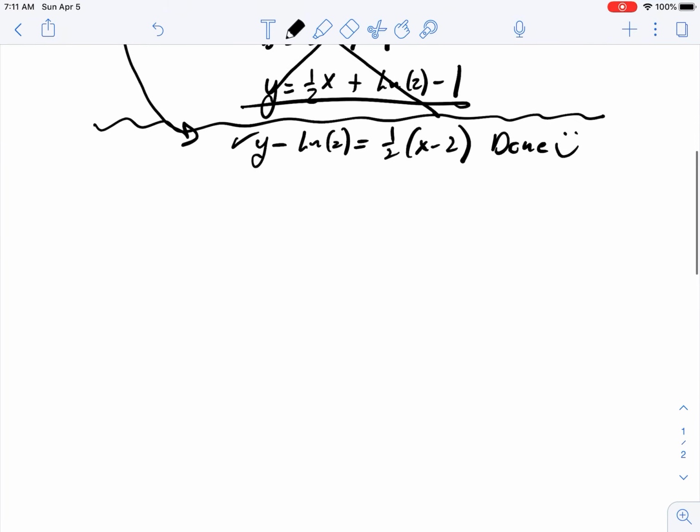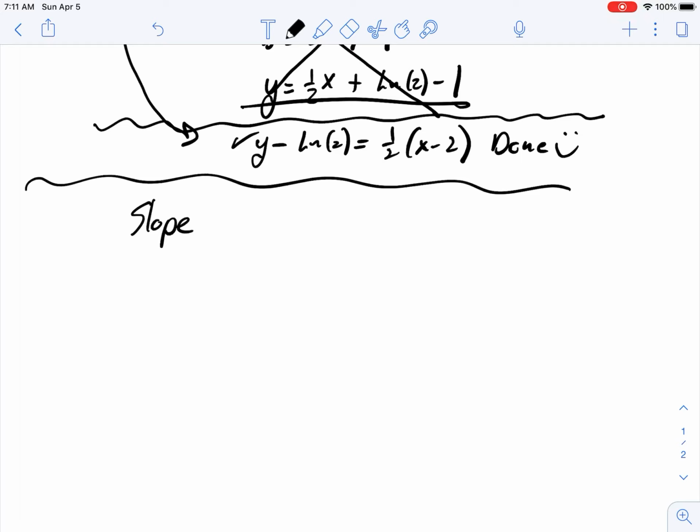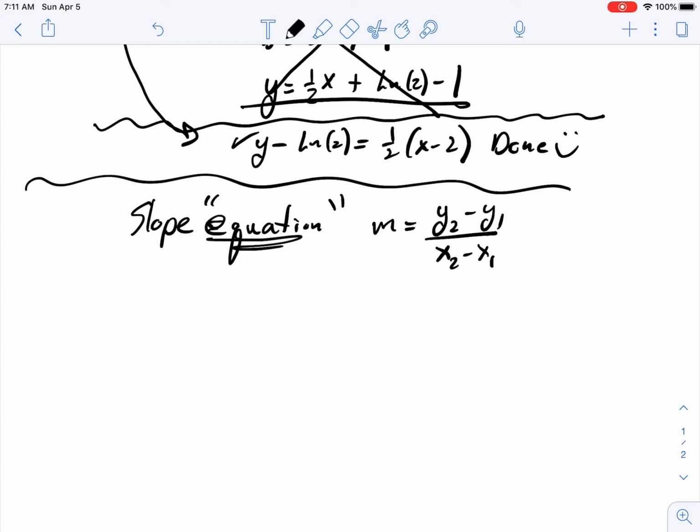All right, so let's start off with the foundation here. So we've got slope, which is the foundation, and actually this is a slope equation. And again, I want to emphasize the keyword there, equation. You have m equals y2 minus y1 over x2 minus x1.